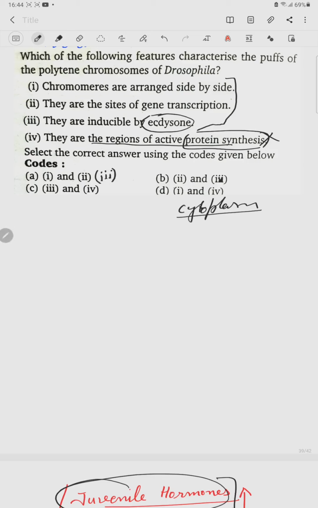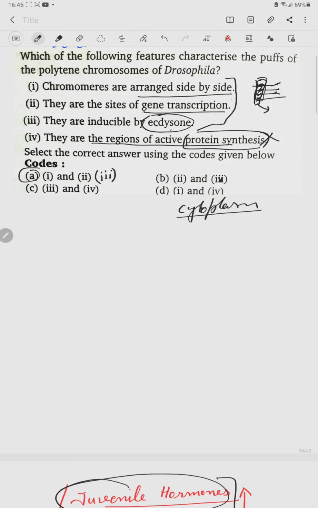Hence, the answer to our question is A, that is chromomeres are arranged side by side. Yes, these are arranged side by side, chromonemata, and these are chromomeres. These chromomeres are arranged side by side in the polytene chromosome. These are the sites of gene transcription. Each chromomere, that is the formation of a dark band, has a specific site for a particular type of gene, and these are the sites of gene transcription.